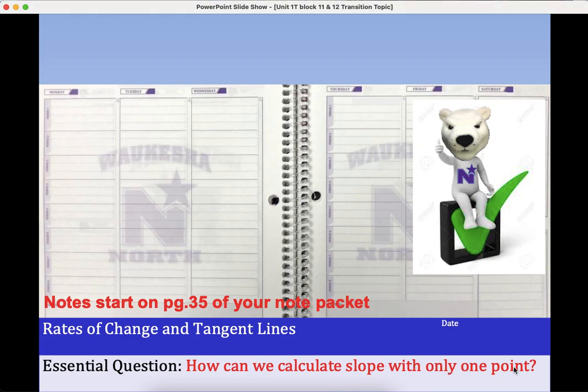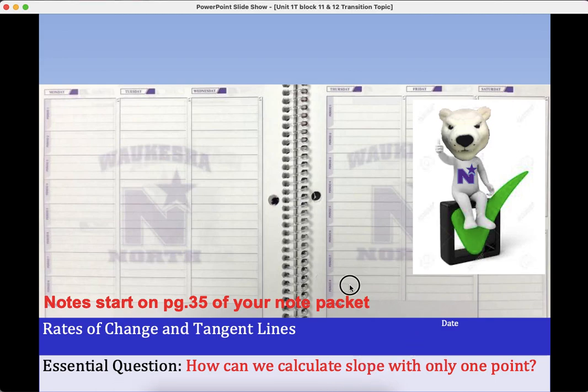If you think about what you know about slope, you might realize that if I only had 1 point, that might be a problem, right? But we need to be able to do this. We need to realize that this is a possibility.